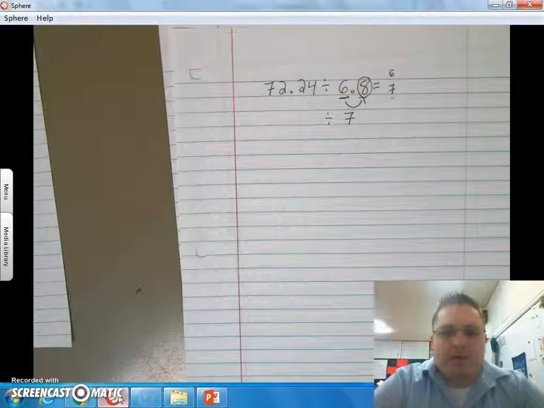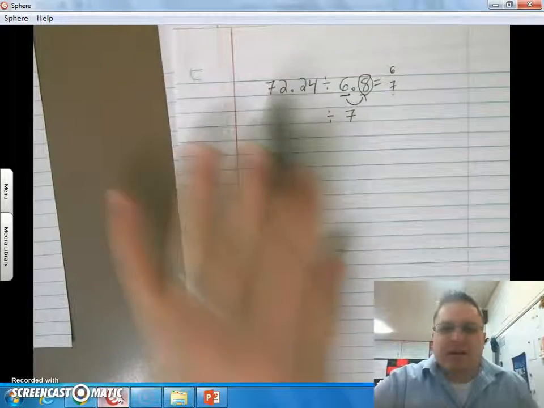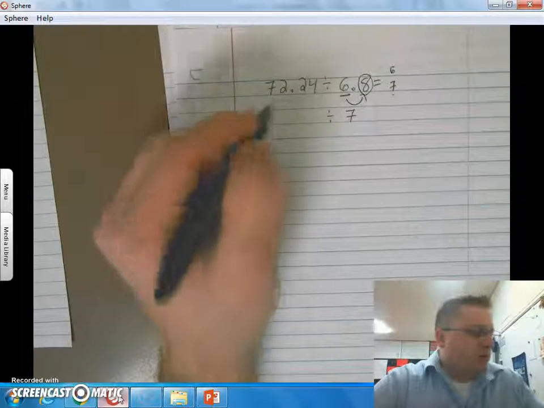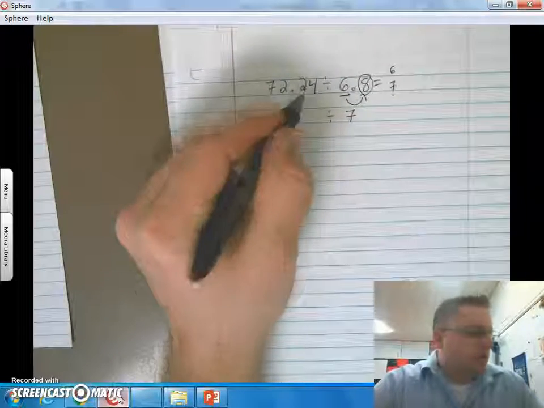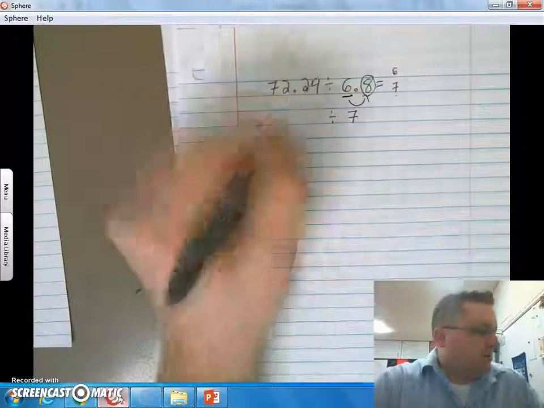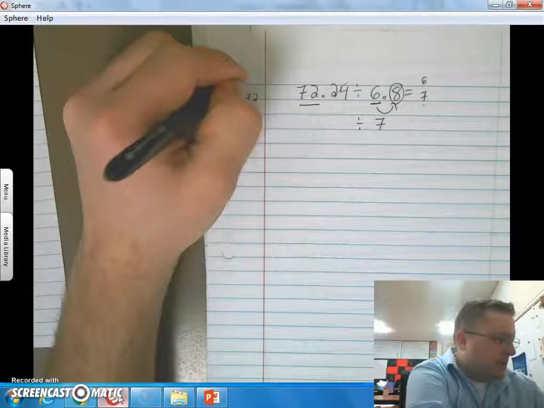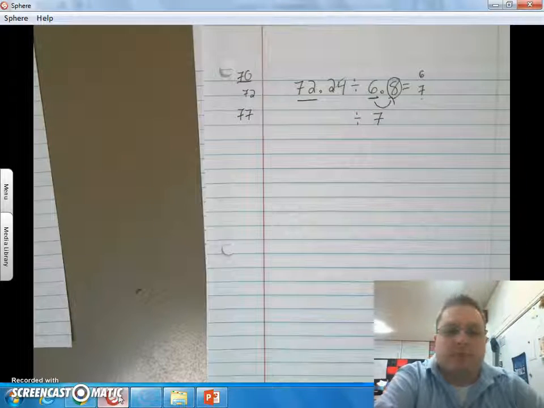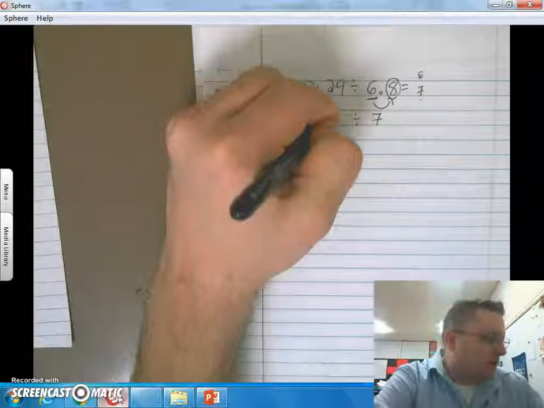Now I'm going to make 72.24 my compatible number. Another little trick is if I'm dividing by 1 digit, I only pretty much take into consideration 2 digits when I'm doing this. You have to be careful on the place value. But on this one, I'm not going to care about my decimal because 72.24 is a whole number, so my decimal is very small. I'm just going to look at 72. And 72 is not a multiple of 7, but 70 and 77 are. 72 is closer to 70.